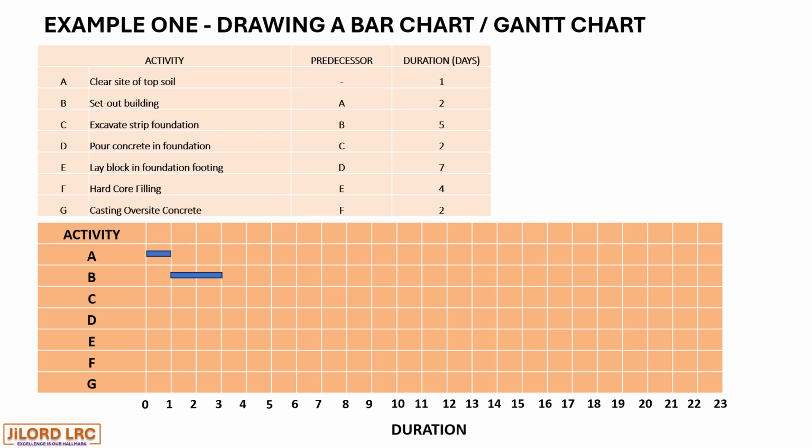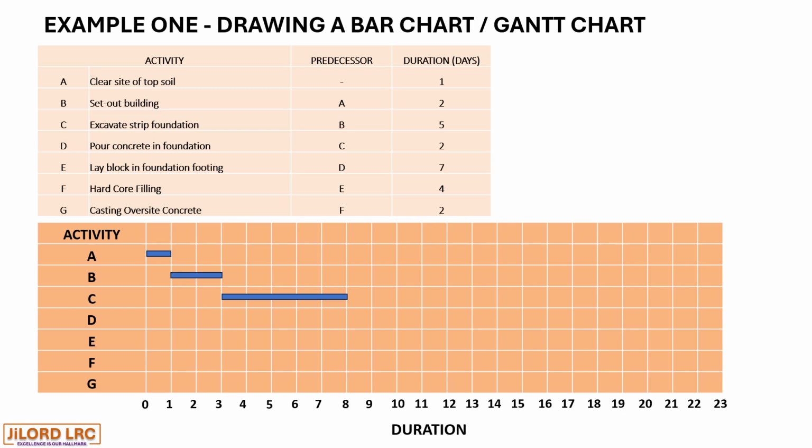Then activity C, which has a predecessor activity as B with a duration of 5 days, commences at the end of activity B. So it commences on day 3 with a 5 days duration, means 5 plus 3 would make 8, and that is represented on the chart.